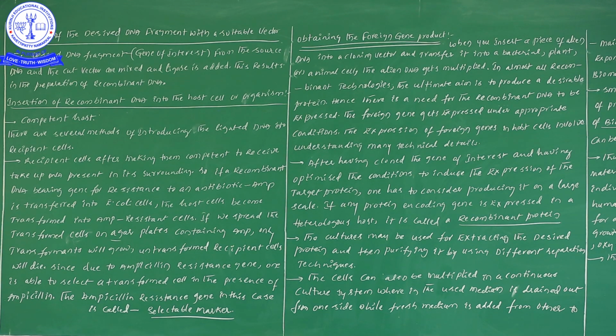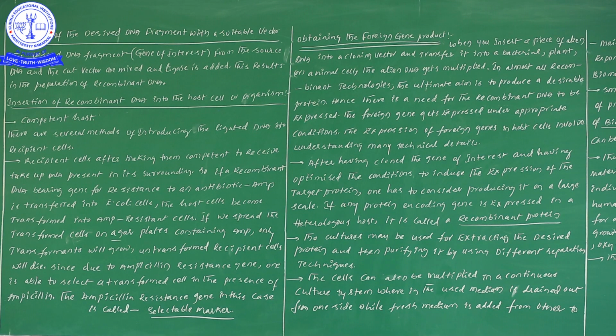So that is the information we are learning now. Once you see, recombinant DNA is there outside of the host. Suppose our recombinant DNA is there, with a vector and our desirable gene, and suppose our desirable gene has ampicillin antibiotic resistance.